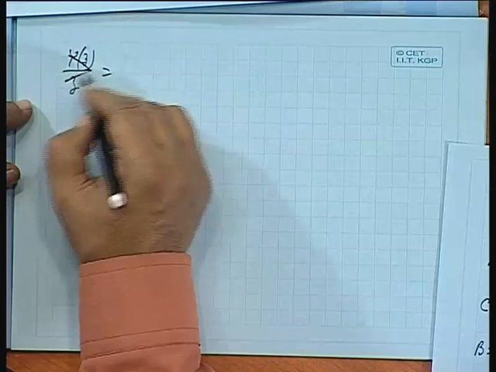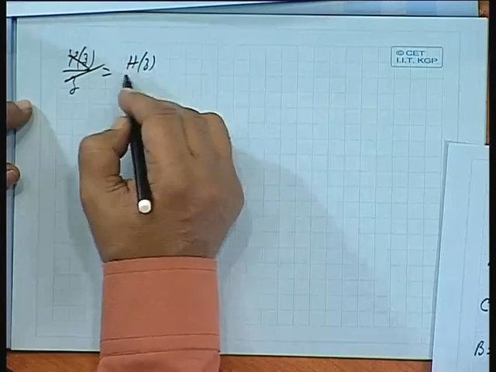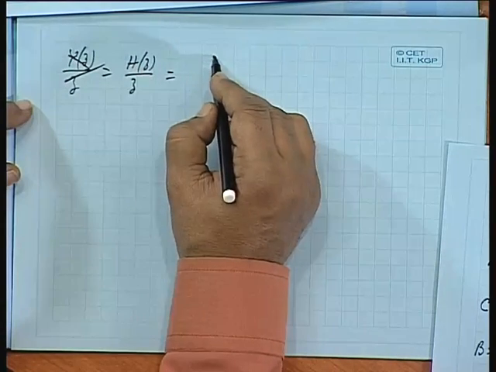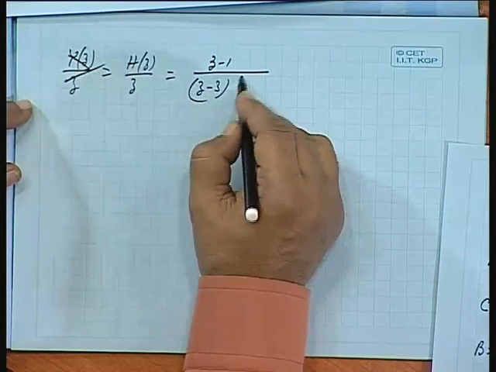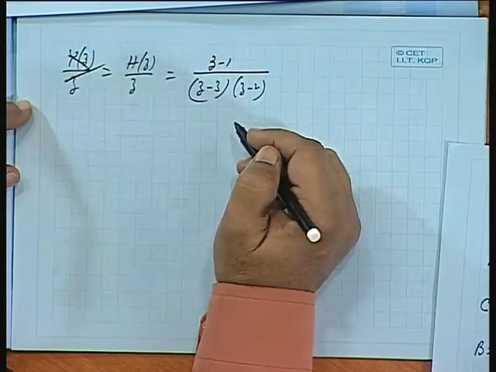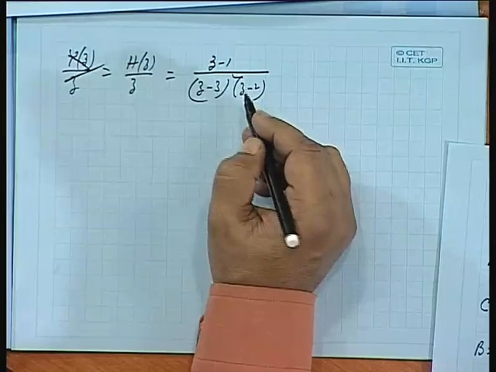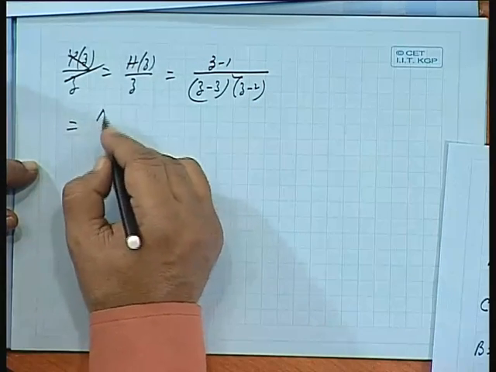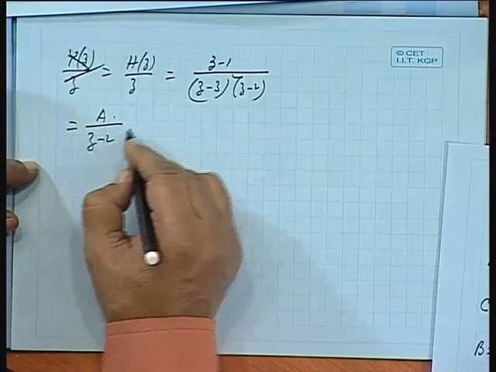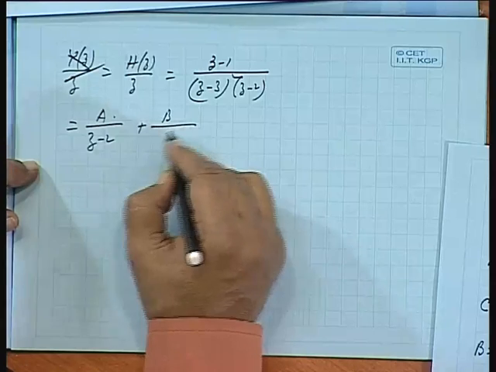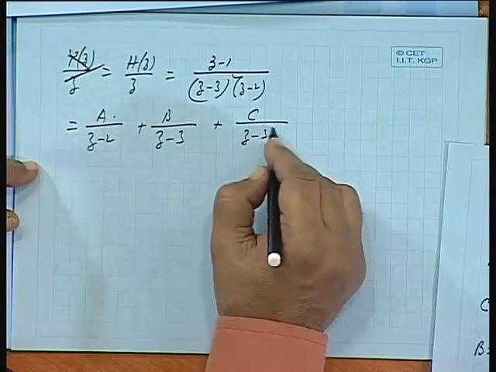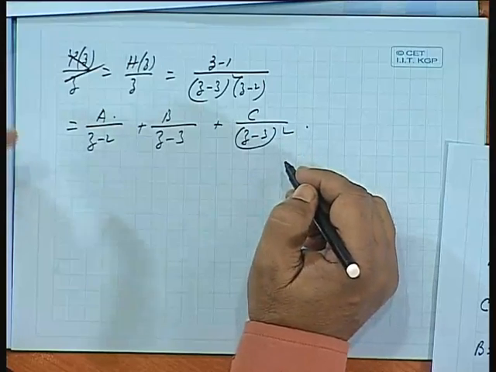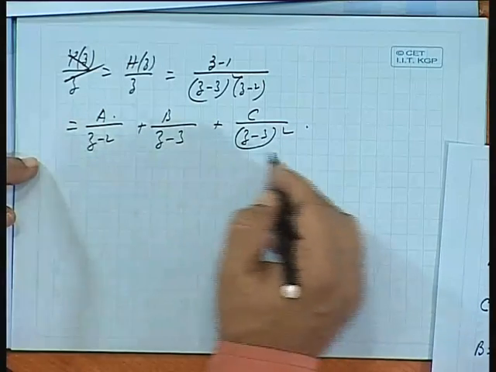Hz by z is equal to z minus 1 by z minus 3 whole square into z minus 2, which will be A by z minus 2 plus B by z minus 3 plus C by z minus 3 whole squared, and you can compute A, B, C.